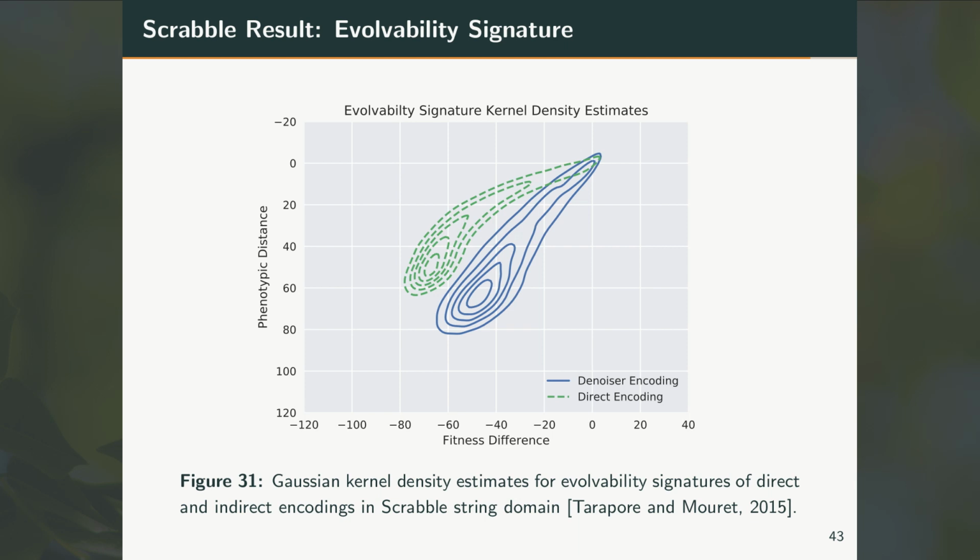And you can see that compared to the direct encoding, which is the green dashes, the denoiser, which is the solid blue line, shows greater phenotypic distance while at the same time, with the same mutations, also seeing less fitness difference. So we're kind of having our cake and eating it too with respect to both sides of the coin of evolvability.